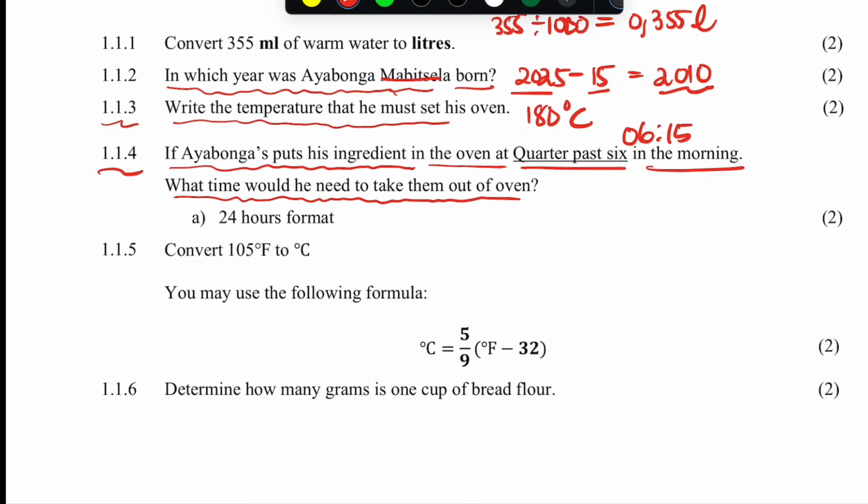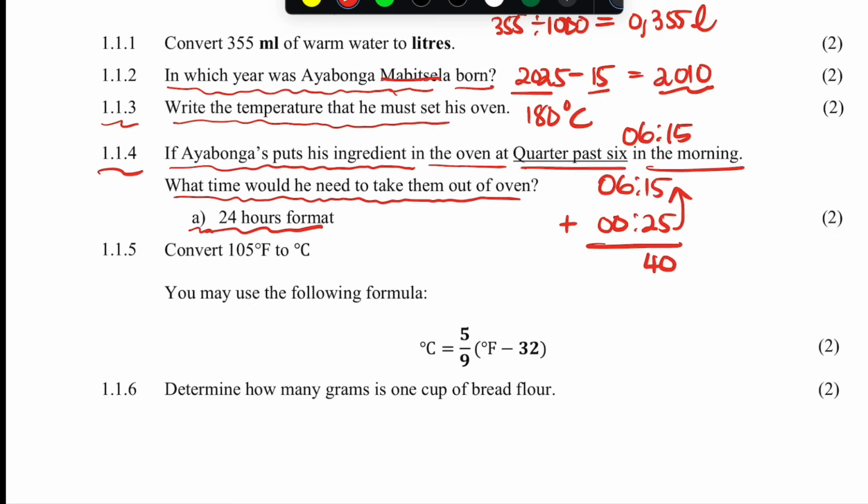So to answer this question, and you must answer in 24-hour format, the time when it's going to take out the pizza. So what you do, you take the time, which is 06:15, and then you add how many? You add 25 minutes. So if you add the minutes there, it's 15 plus 25, it's 40, right?